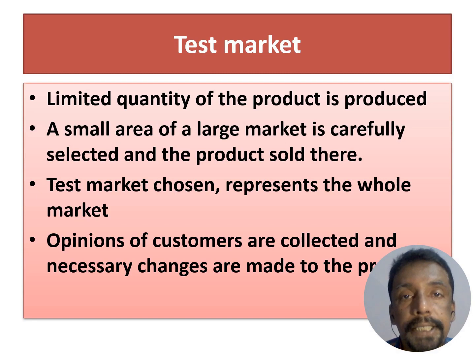Next is a test market. A limited quantity of the product is produced. In a test market, you first produce a limited number of goods. A small area of a large market is carefully selected and the product is sold there.